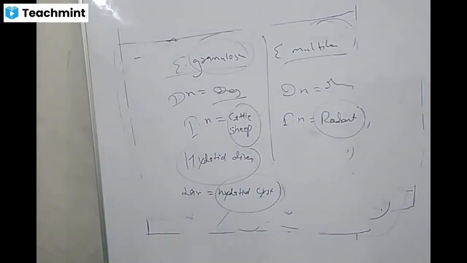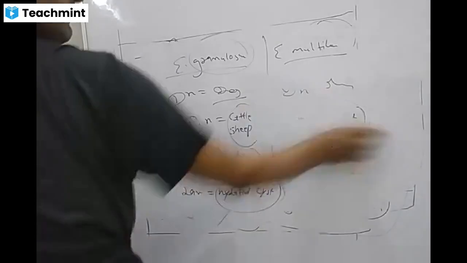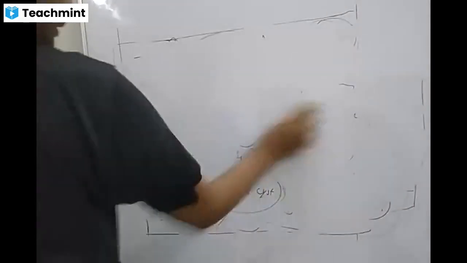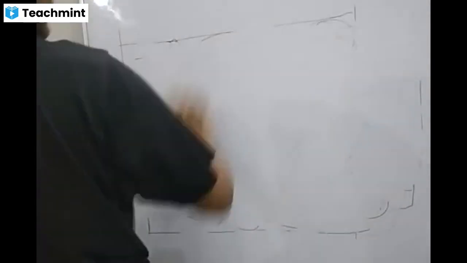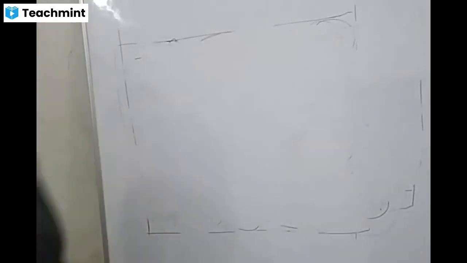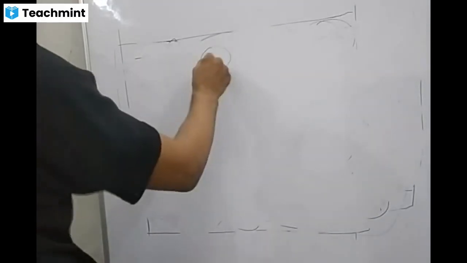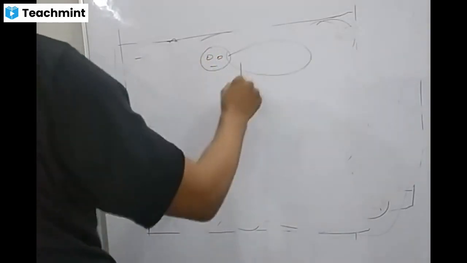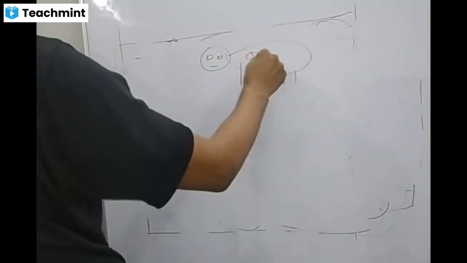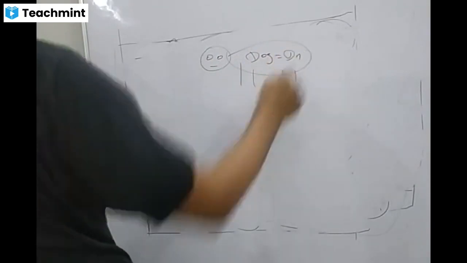So, beginning with this life cycle, in the case of Echinococcus, the dog is present. That is your dog, the definitive host.